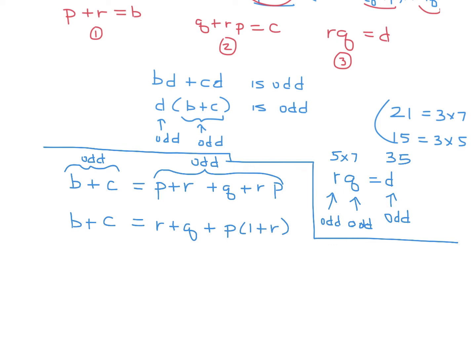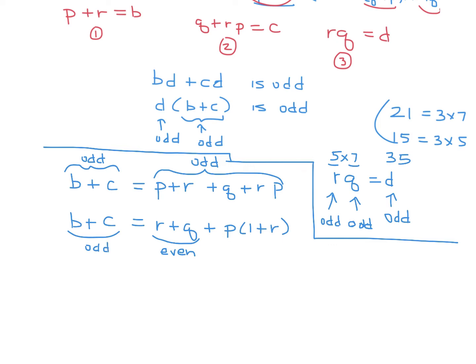Now, over here, I had concluded that R was odd individually, and Q was odd individually also. So if you add them together, they will be even. R plus Q will be even. For example, if R was 5 and Q was 7, 5 plus 7 is 12, which is an even number. So that means that this is even, R plus Q. All right, following me so far? And remember, this was odd.